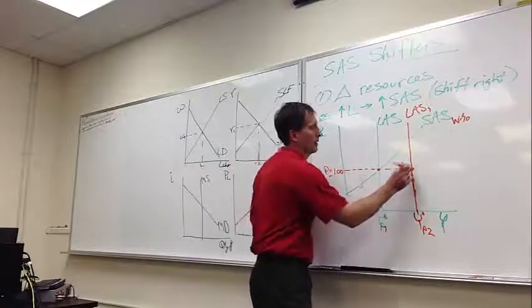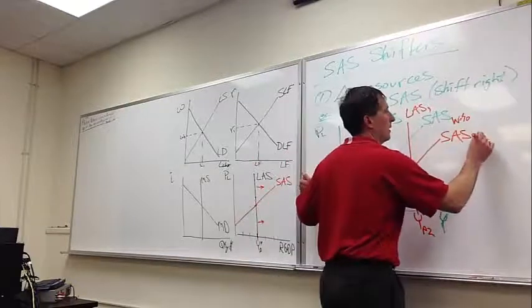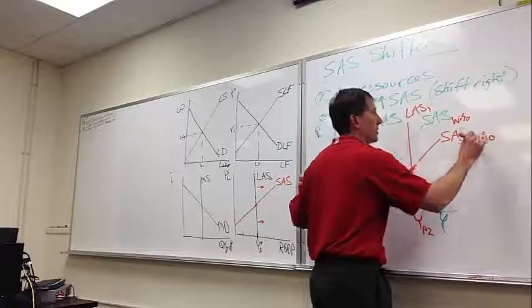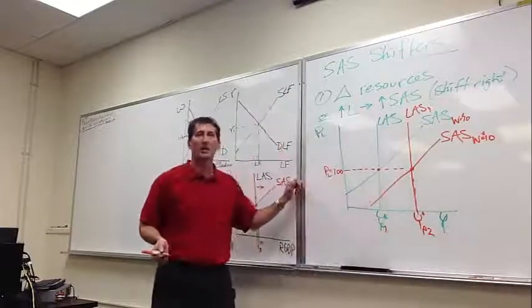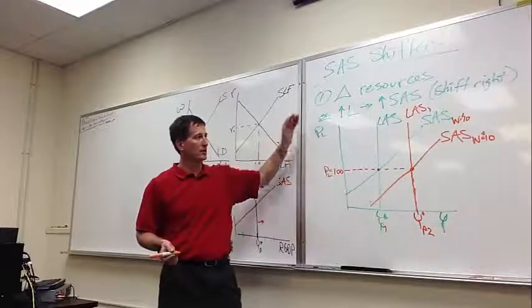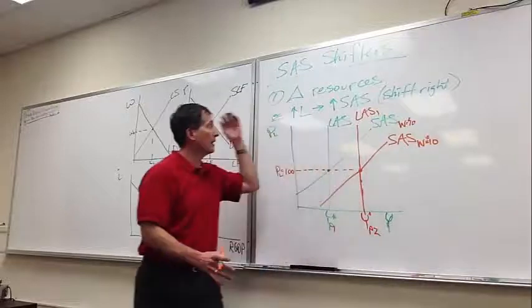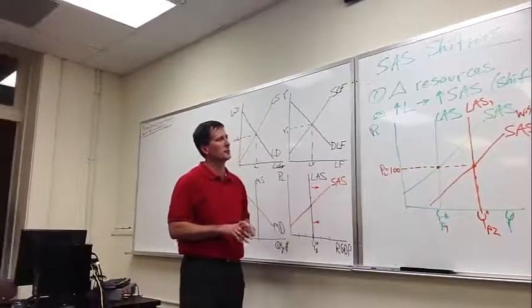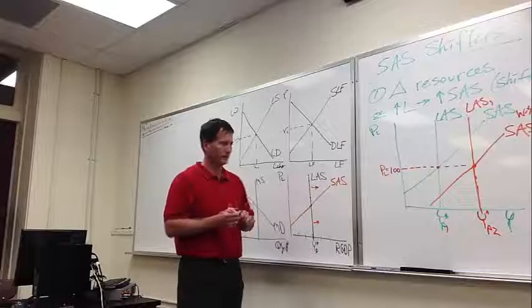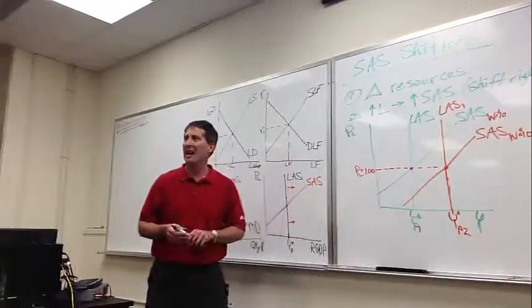And the short run aggregate supply curve would move to that level. Notice that we haven't touched nominal wages. They're still $10. We just had a change in the resource base. But this whole thing would move in harmony together on a change in resources. Questions on that at all? Kind of the mechanics of the graph.